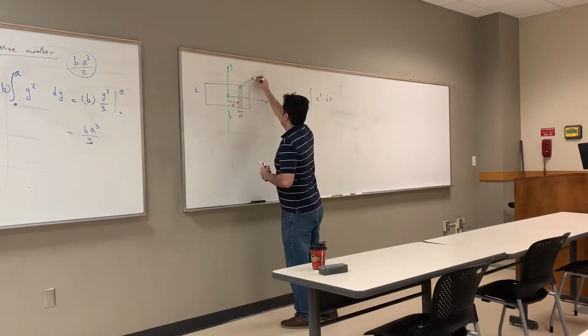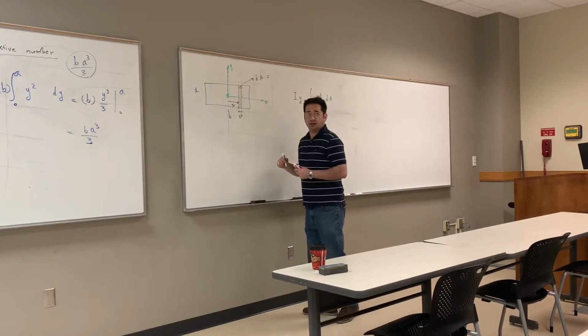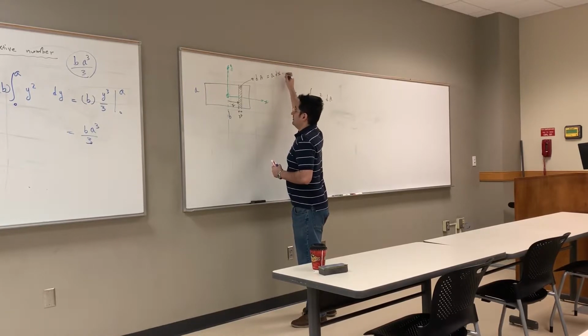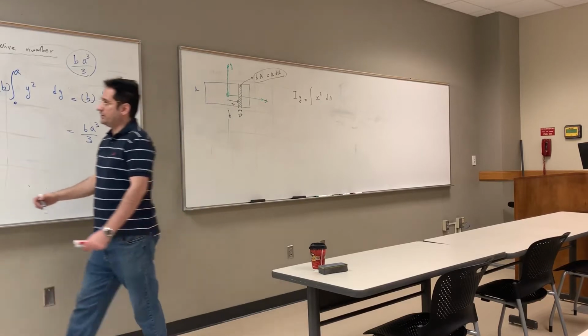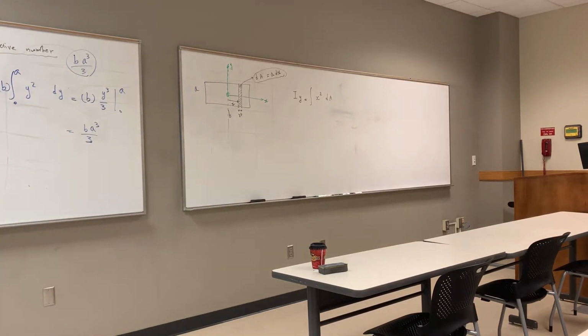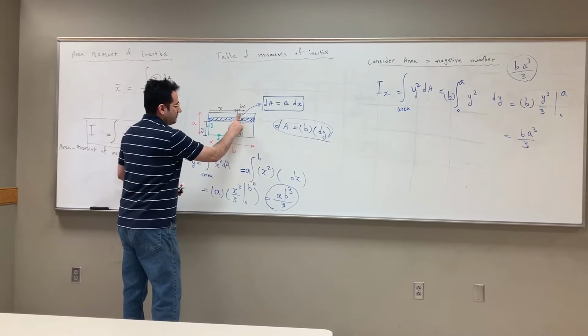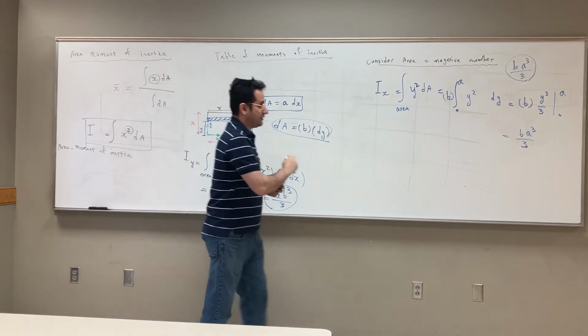So dA is equal to A times dx. So far, it looks like everything is the same here. See this black one? This black one, the area was A times dx.